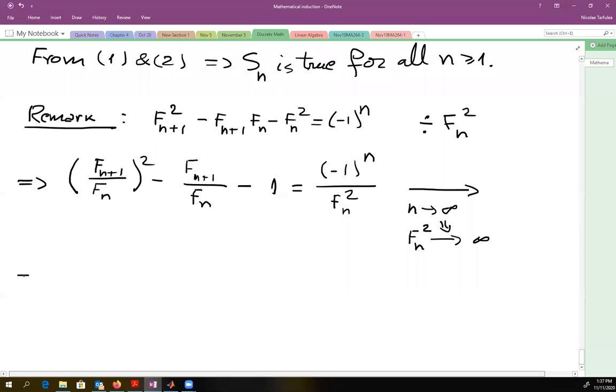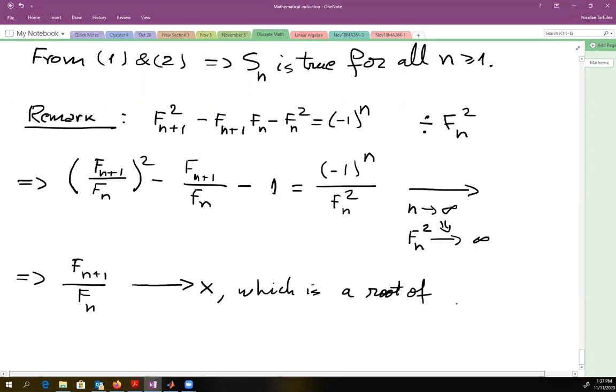Then it seems like fn plus 1 over fn, where this is capital Fn, converges to a certain value x, which is a root of this equation, x squared minus x minus 1 equals 0, right?